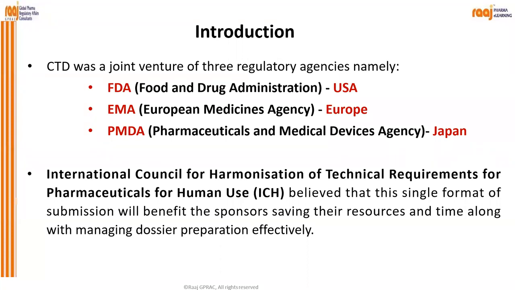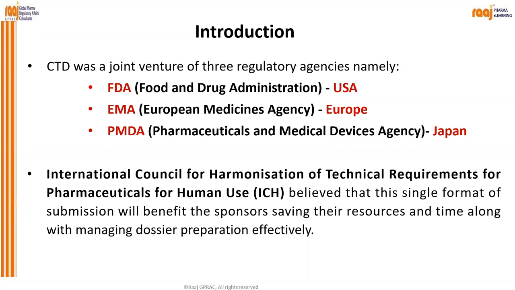In the old days, when I was in industry from 1995 till 2008, the submission was like a mess. We used to submit as per our own thoughts, our own understanding. We never used to follow the formats, and that is why the FDA or any health authority used to get different kinds of submissions, and some data was available, some data was missing.